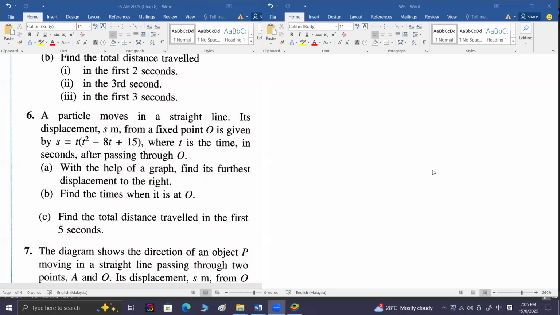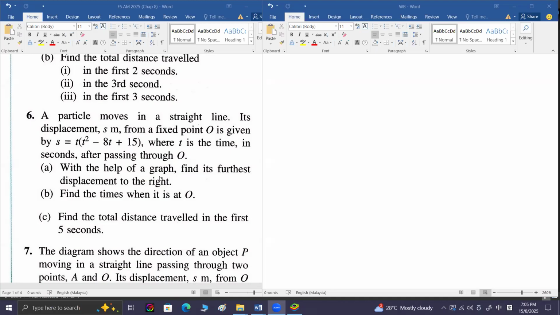Okay, class, we continue. I get ready for question 6. A particle moves in a straight line. Its displacement is the same as given, okay?